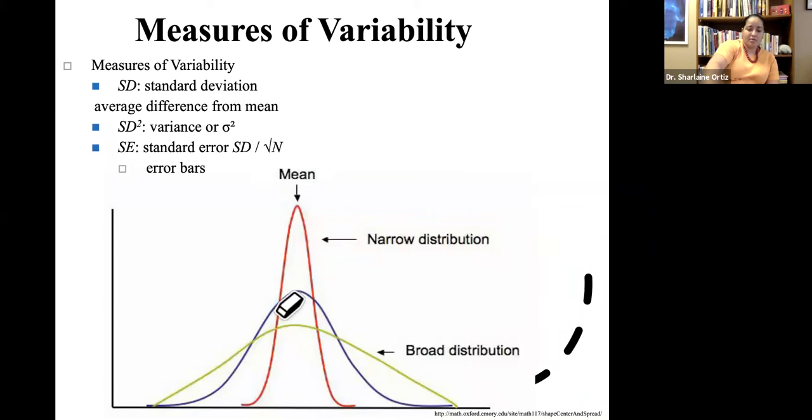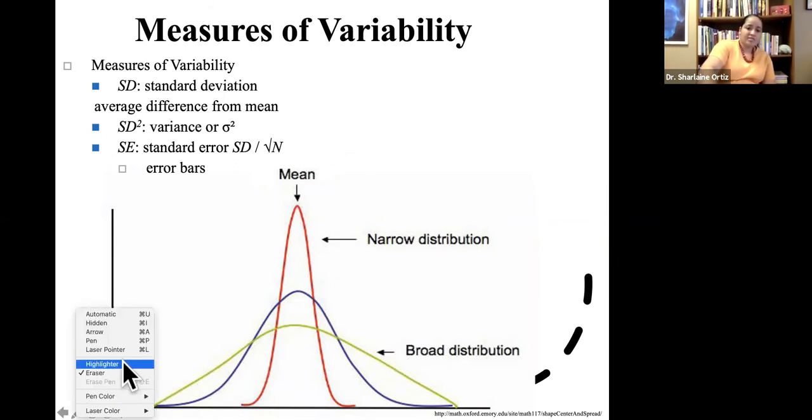It's actually pretty broadly distributed. Remember that a measure of variability is simply the spread of that distribution. How is this data spread amongst this curve?